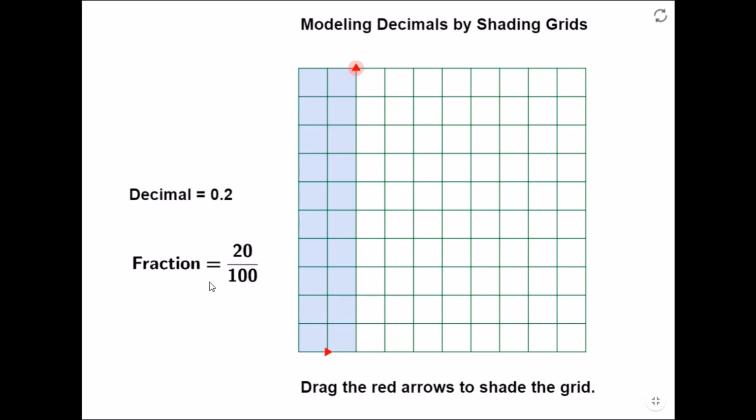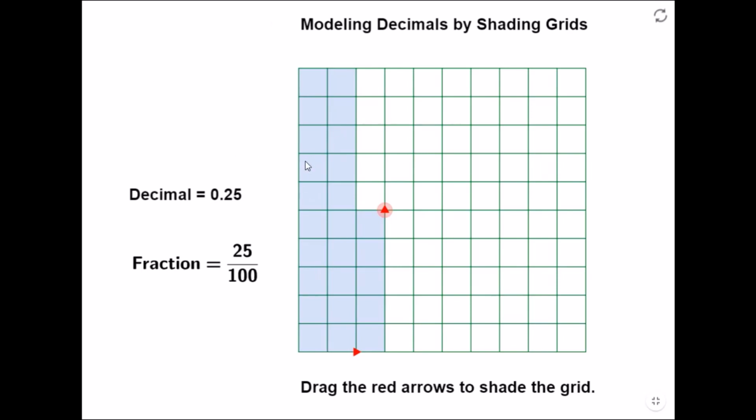We're going to be shading it until it's 20 now. First 20 are shaded. So as a fraction, it's 20 over 100. As a decimal, it's 0.2. Now we're going to be shading it until it's 25.